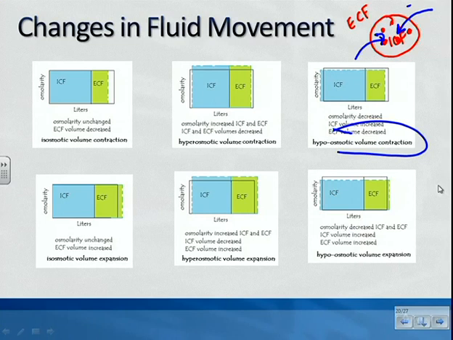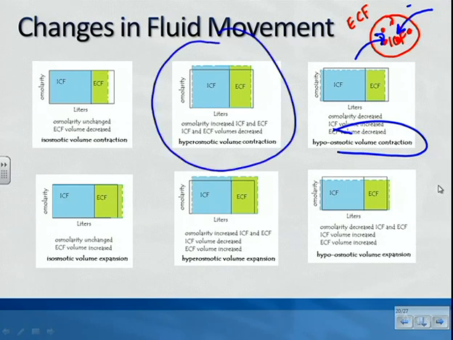So this one is sweating in the desert. Wait, no, it's still hyper. Yes, it is hyper, because you get loss of fluids and you get more concentrated. That's why the water went to the cell.